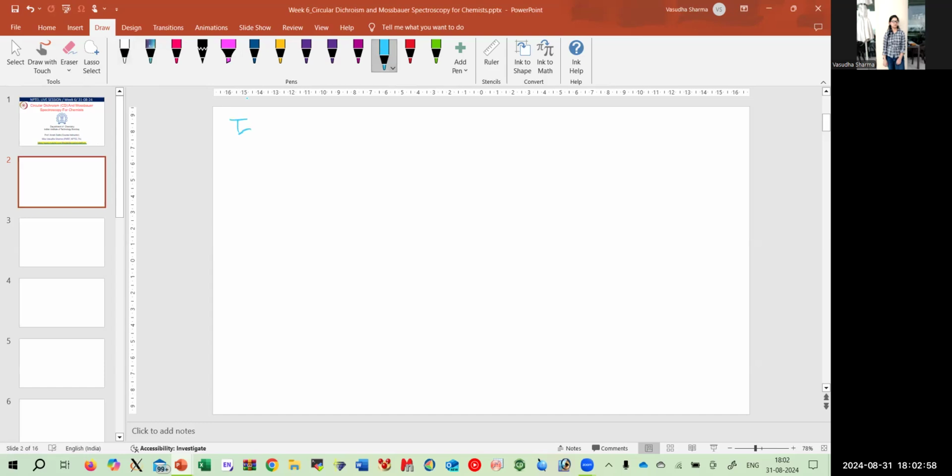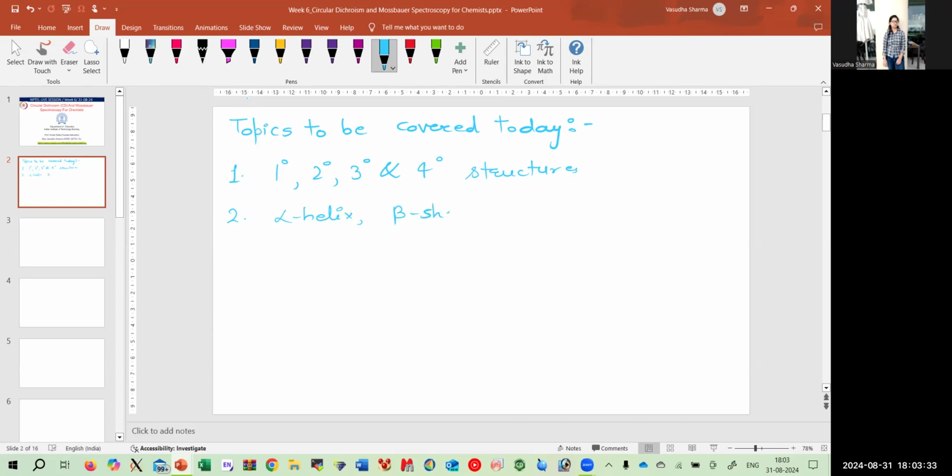The topic that we will be covering today, I will just write it down over here. We will be talking about primary, secondary, tertiary, and quaternary structures, followed by a detailed discussion about alpha helix, beta sheet, and random coil.